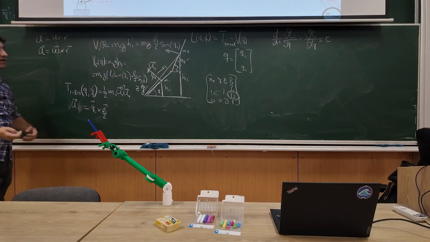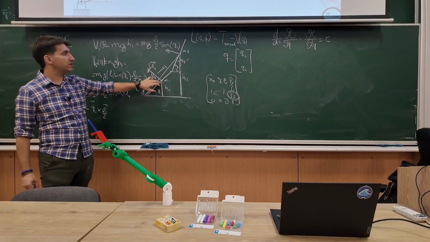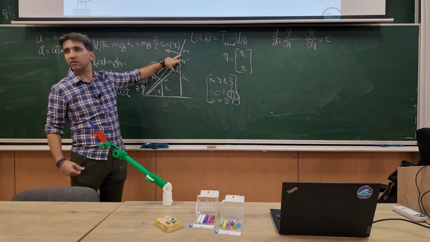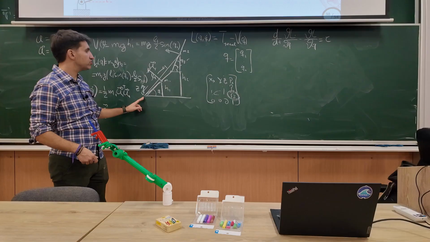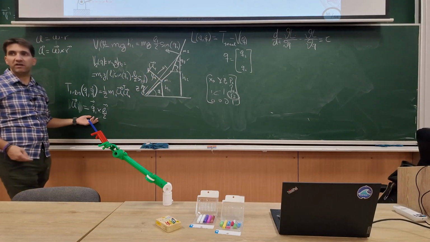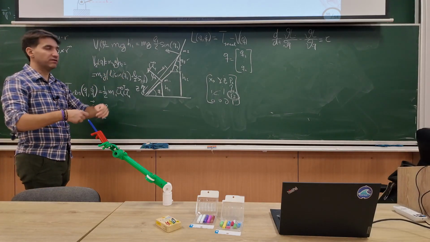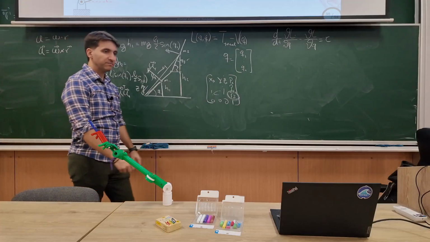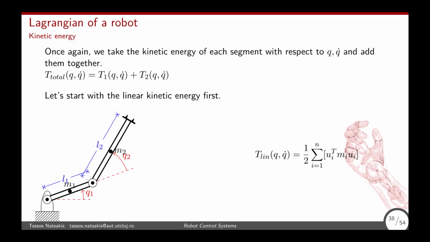For a simple case, it might seem easier to just calculate the linear velocity here. But when I start going to the second joint, things start adding up, get more complicated, and eventually I go down to calculating the Jacobian again by calculating cross products, the difference of the end effector minus the origin of the joint, and so on. So overall, I want to calculate the sum of all the masses times their velocities.